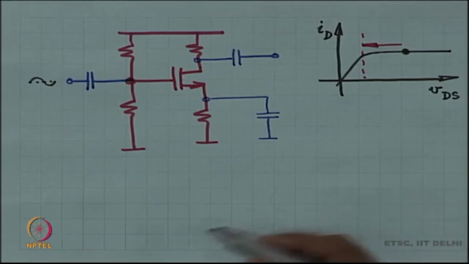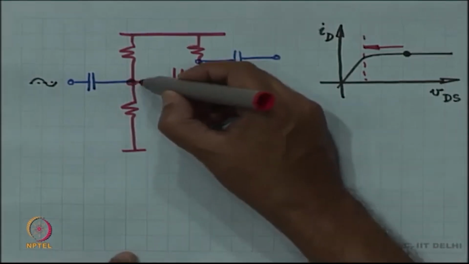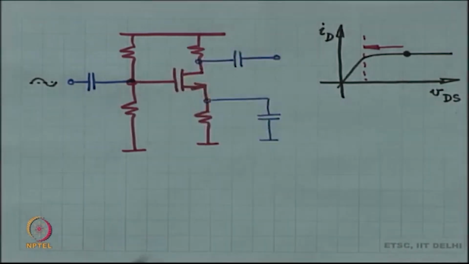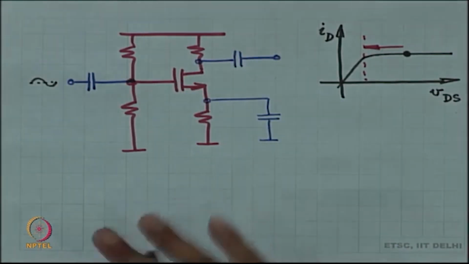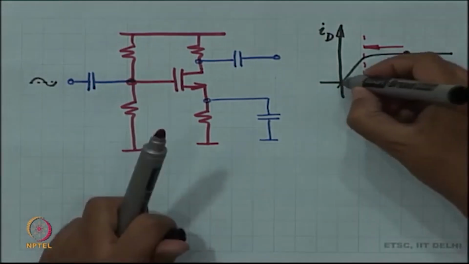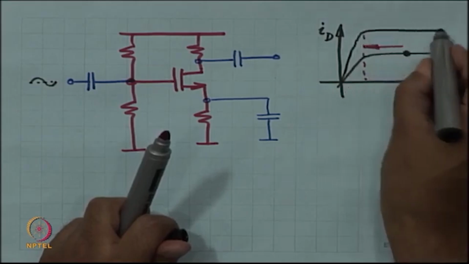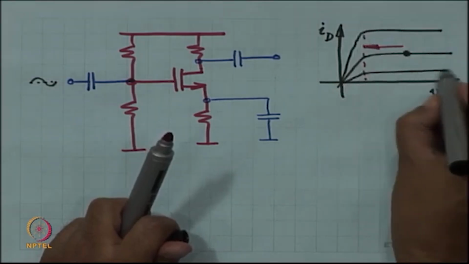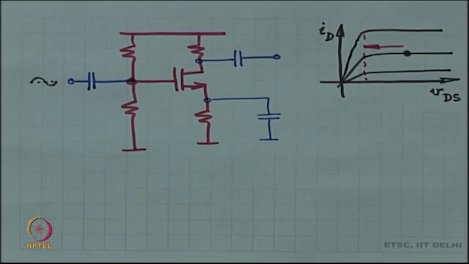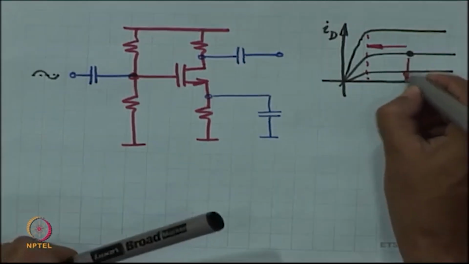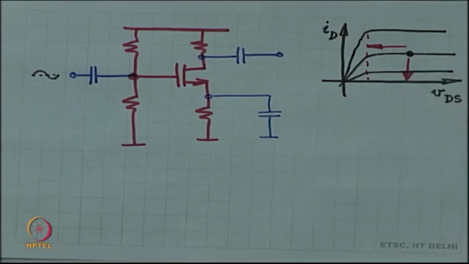The other extreme case is, remember when you are changing VGS, ID itself is changing. So, you are picking different curves from this family of curves. You should not pick an ID that has dropped all the way down to 0 or lesser; ID can't go below 0.